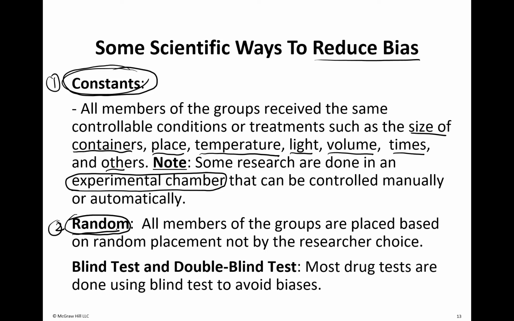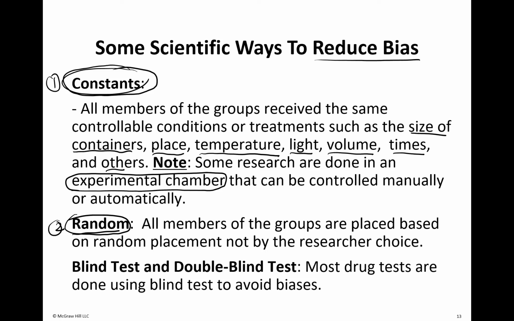It has to be random. The placement of members of each group has to be random. We cannot put all the controls on the left side and all the treatments on the right side. No, it has to be random. Some members of the control group go on the left, sometimes in the middle, sometimes on the right.